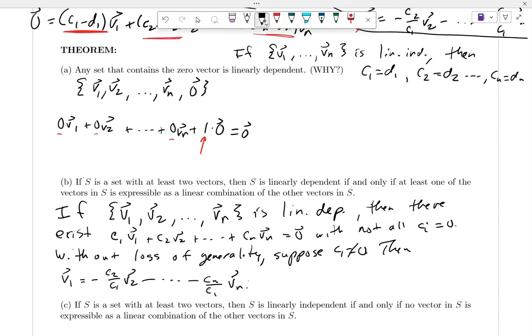Notice the statement that I wrote here said that not all of the Ci are equal to zero. So I know one of them has to be non-zero. Well, I might as well just assume it's the first one, because if it's not, then I can just re-index, right? That's all without loss of generality means. It doesn't matter which one it is, so I might as well just say it's the first one. So if the first one's not zero, then I can solve for V1, and now V1 is a linear combination of the other vectors, right? That's exactly what we said before, isn't it?